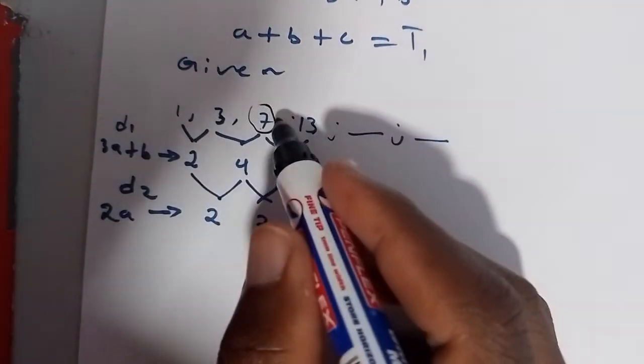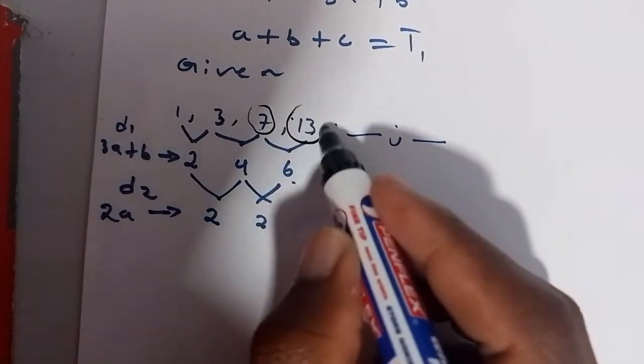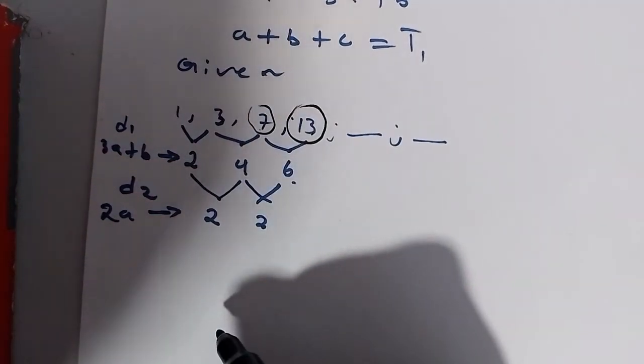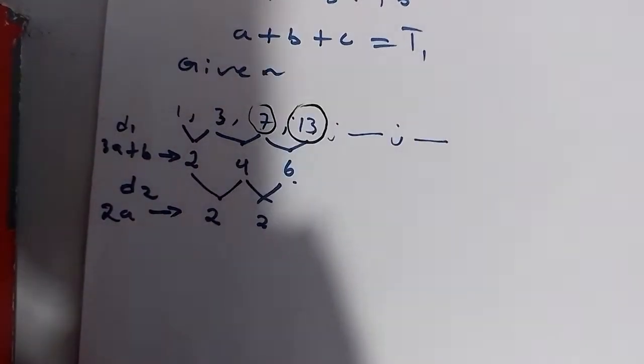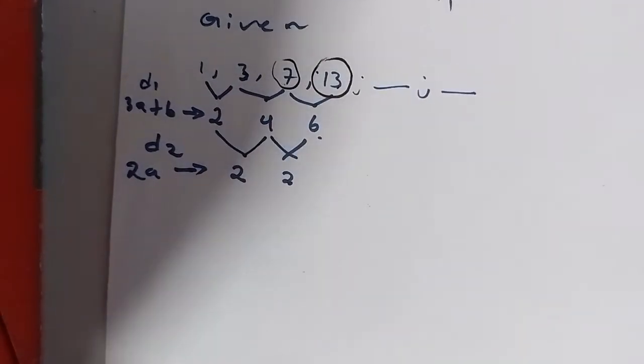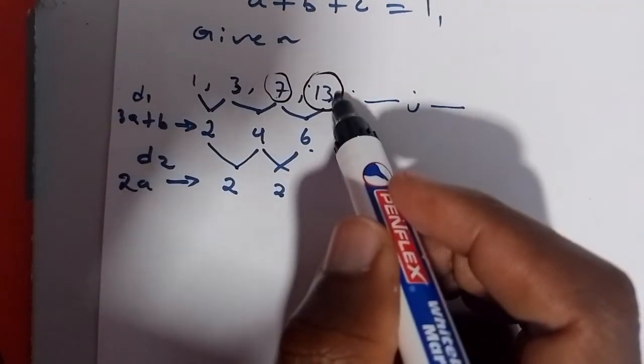Now, how did they come to 13? They said this plus this gives them 13, right?